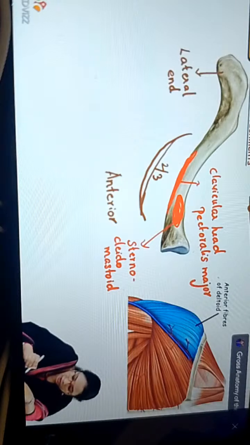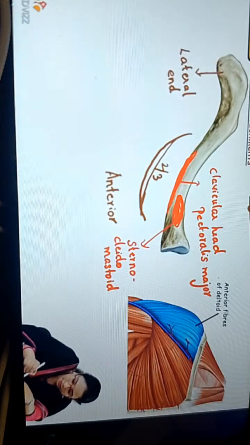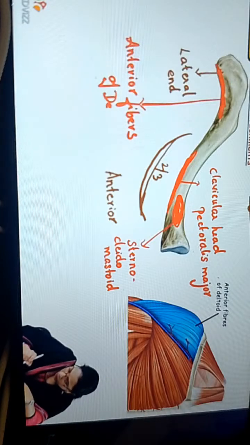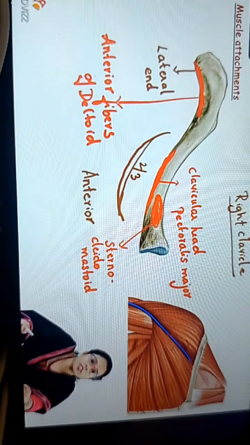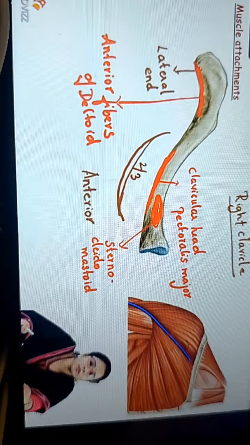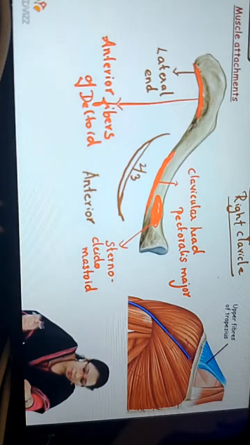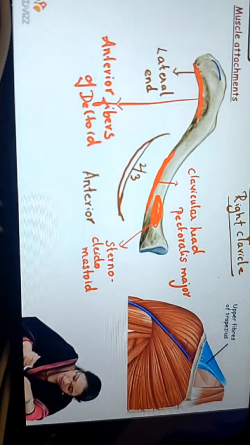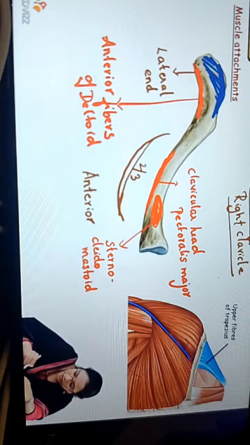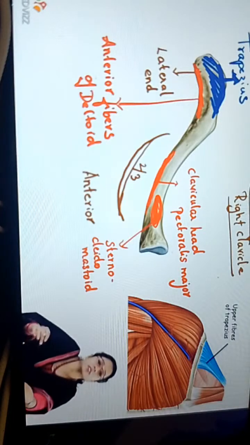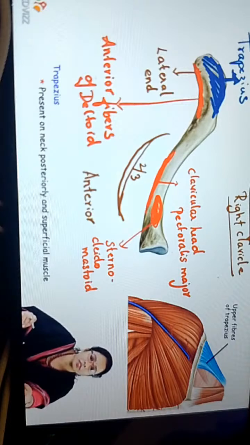The posterior border of the lateral one-third and also the superior surface provide attachment to the upper fibers of trapezius, which are inserted from the posterior and superior surface of the lateral one-third of the clavicle. Trapezius is a muscle present on the neck posteriorly.